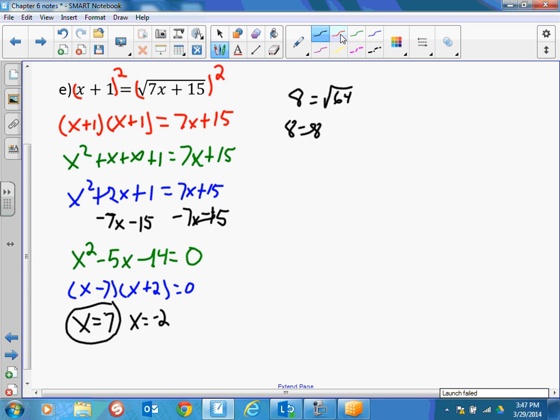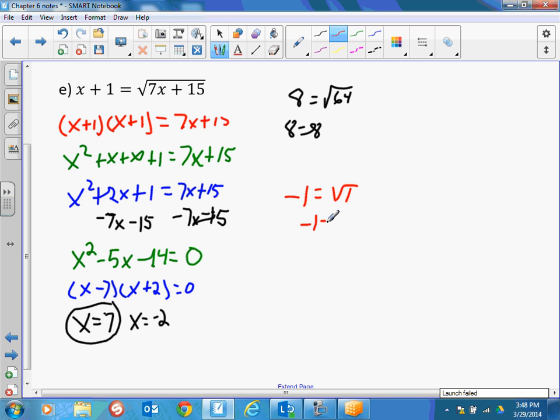Let's try negative 2. Negative 2 plus 1, we plug it in the original, and hopefully these don't confuse you. So we got negative 2 plus 1, which is negative 1. And then we'd have negative 2 times 7, which is negative 14. Negative 14 plus 15 is 1. So we'd have the square root of 1.